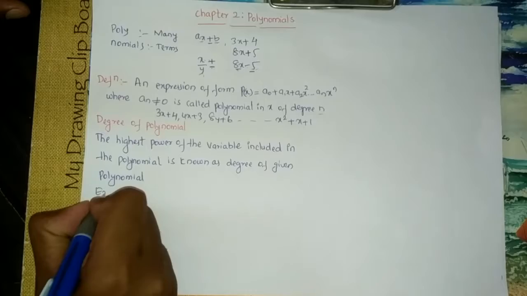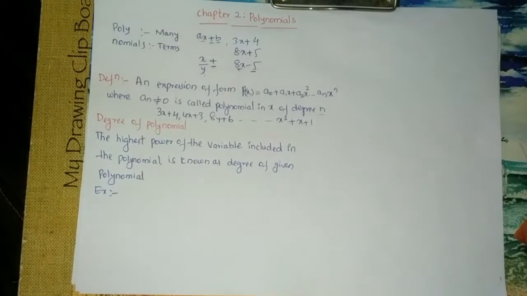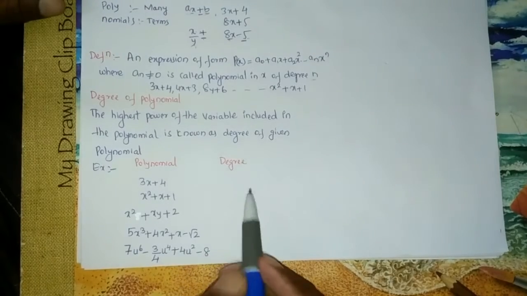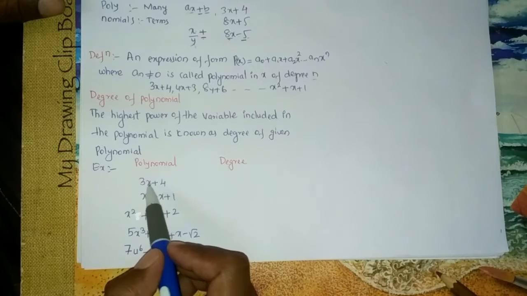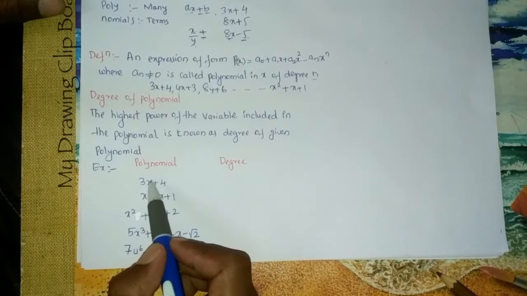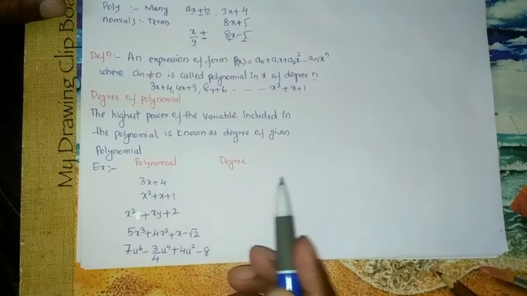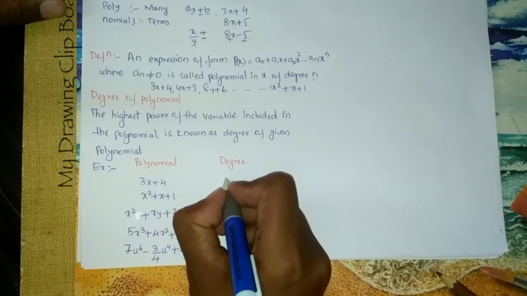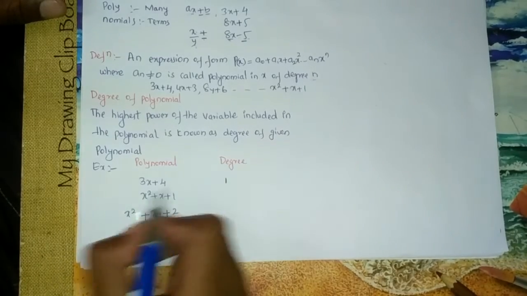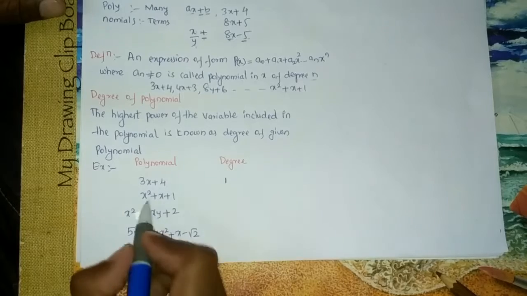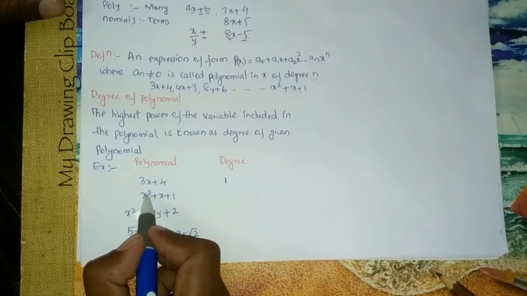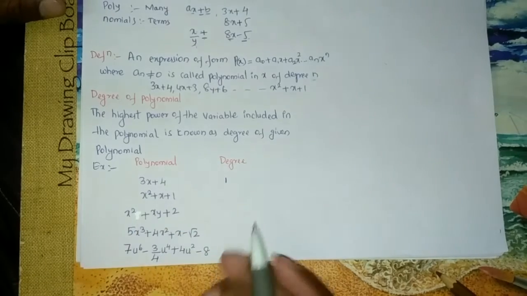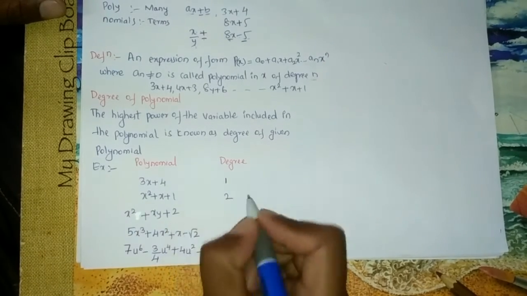For example, to understand the degree, let us have some examples. 3x plus 4. Okay, here the highest degree of the x is 1, so I can write degree as 1, that is power or exponent is 1. In this expression, we have highest power as 2, so degree is 2.